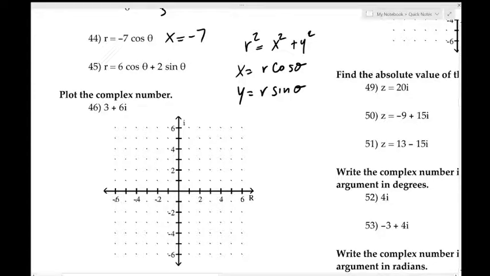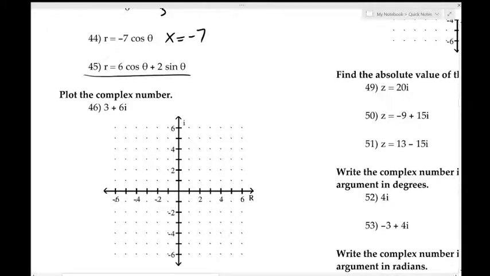So those three can be seen as identities or definitions that we know for going between rectangular and polar coordinates. So let's try to focus on number 45 and multiply both sides by r.